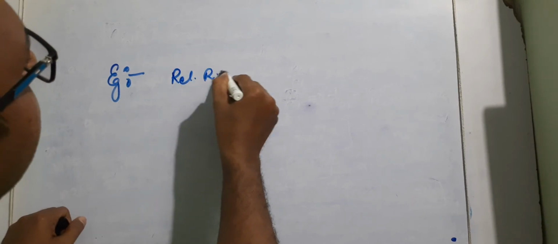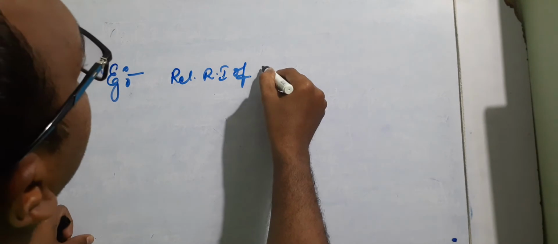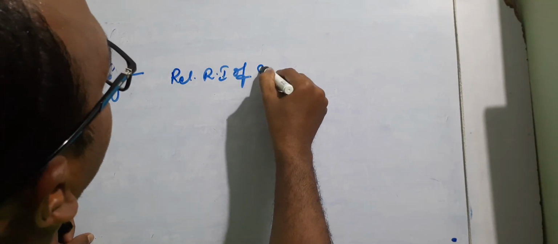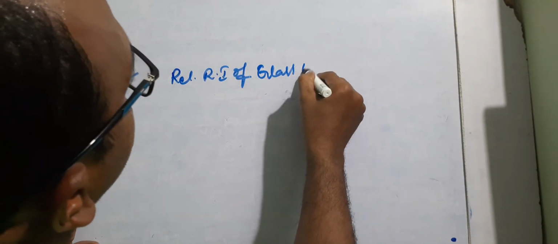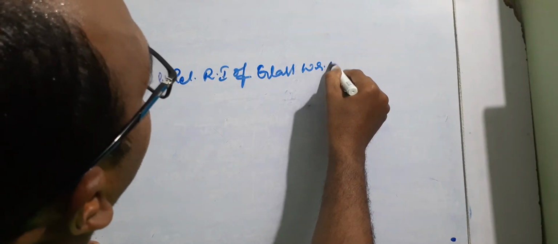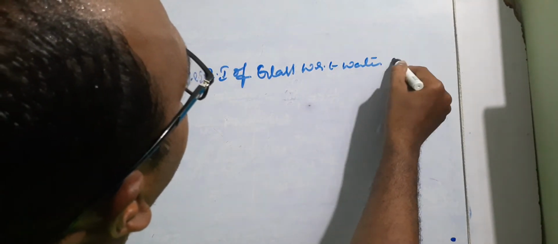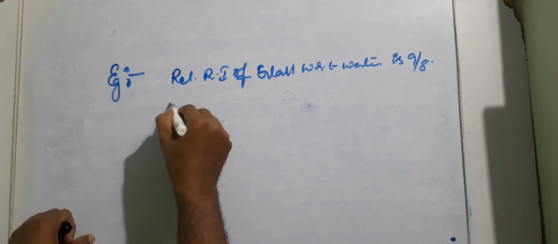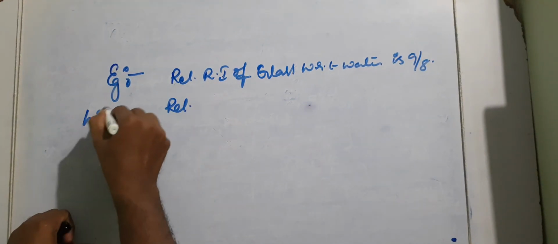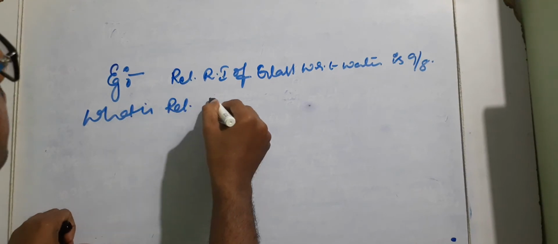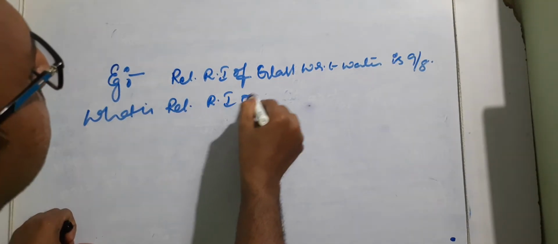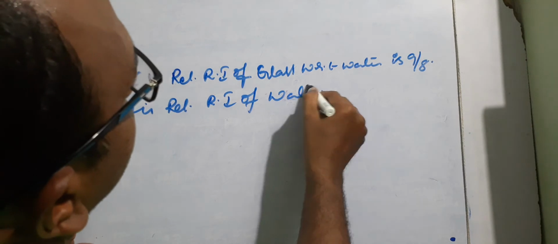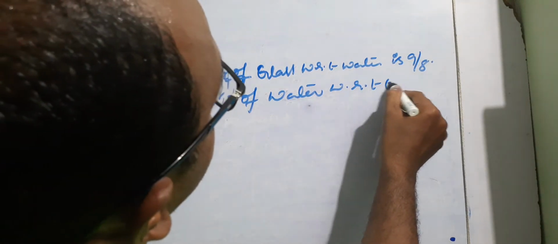The relative refractive index of glass with respect to water is 9 by 8. Now what is the relative refractive index of water with respect to glass?